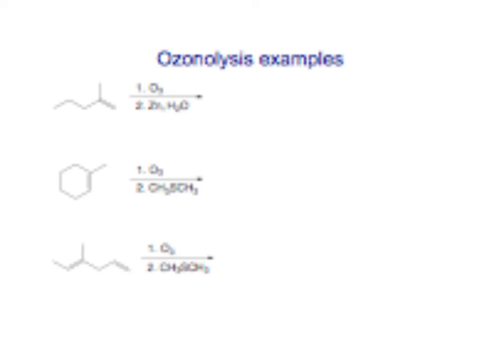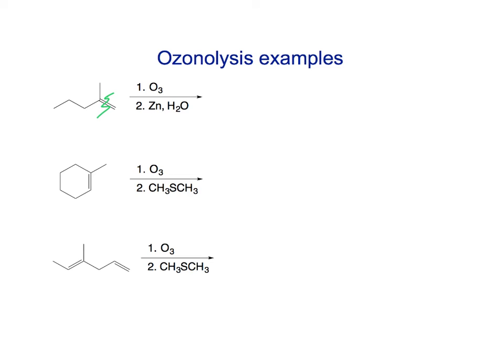Let's look at a couple of examples so we can predict the products. All right, predicting the products, like I showed you before, is pretty easy for the ozonolysis reaction. So all we do is we look for the double bond, we cleave it in half, and we redraw the two pieces with a double bond. We've got one there and one here.